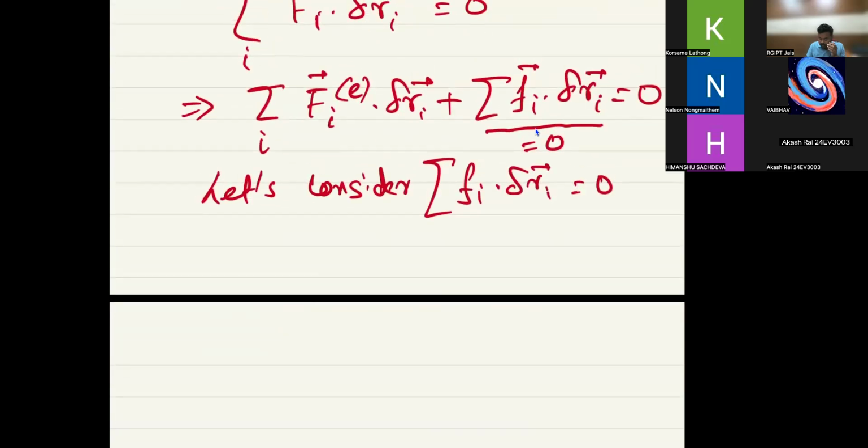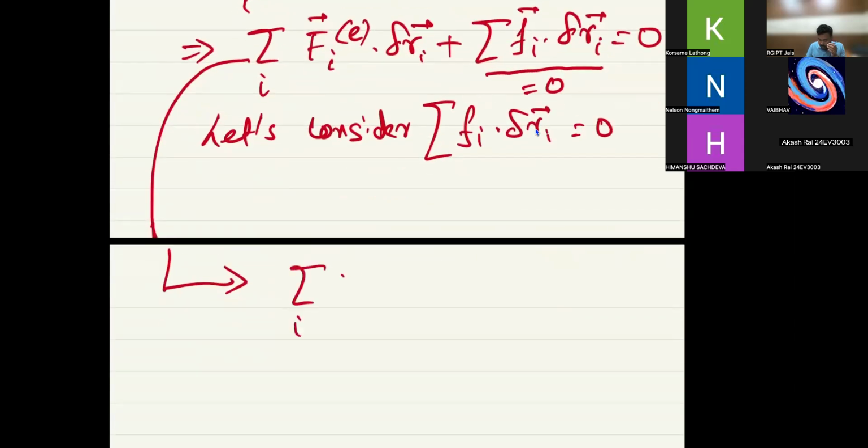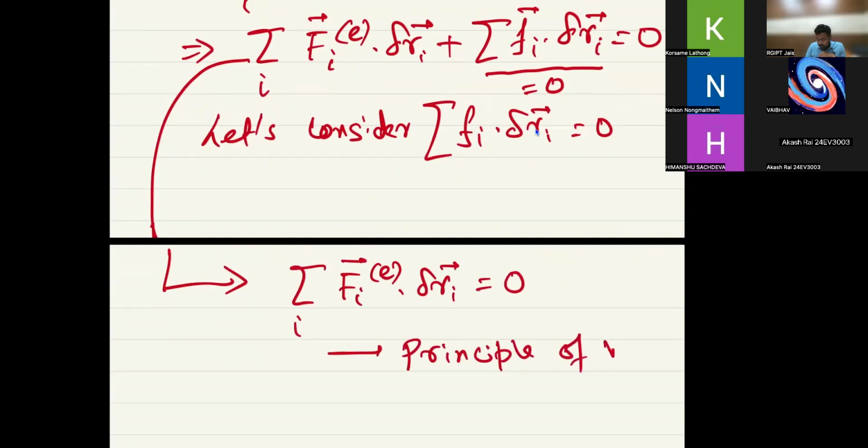Then from this we can write Fi applied dot delta Ri is equal to 0. This is called the principle of virtual work.